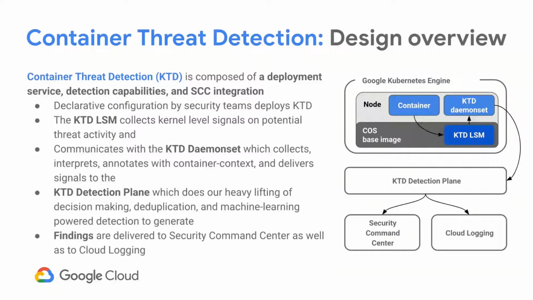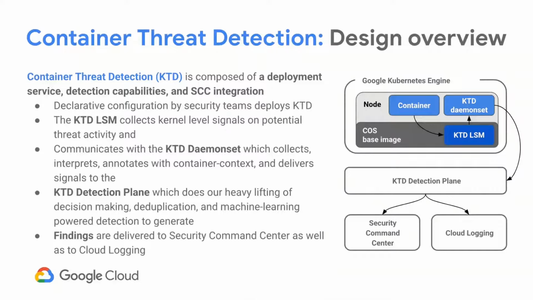So what does this multi-tiered approach to threat detection get you? Well, first, it gets you kernel level visibility and monitoring from our LSM. So we operate the base layer of our detection from a very privileged standpoint, where we're able to make really great observations about what's actually happening.